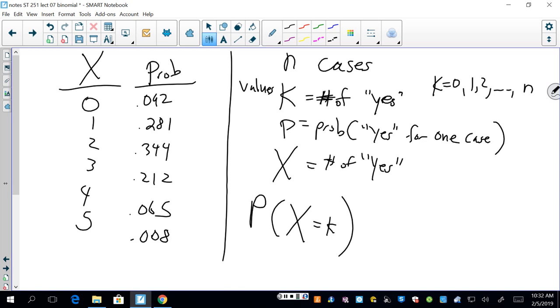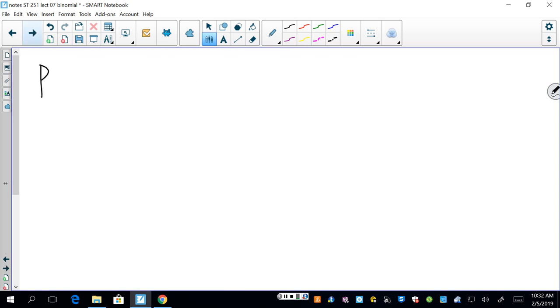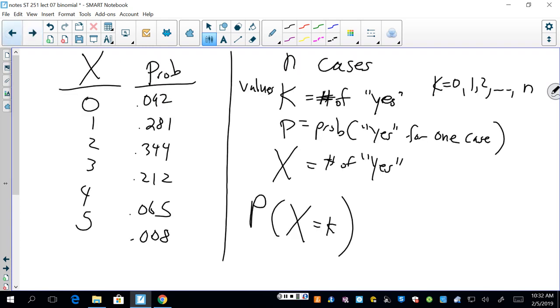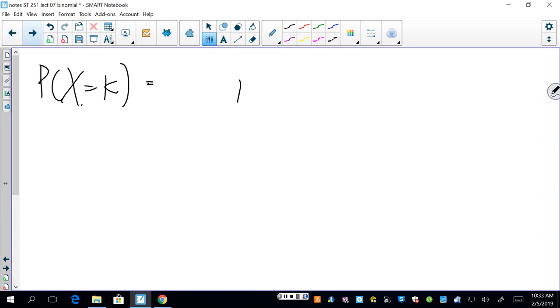Let me figure it out. So what do you think we need to do? What's our formula going to have in it? We're going to have a probability, 1 minus a probability. How many times do we get yes? We're going to have some p and some 1 minus p in here.